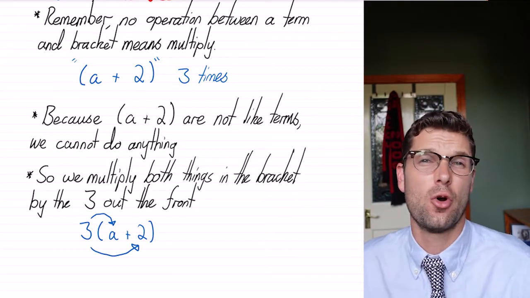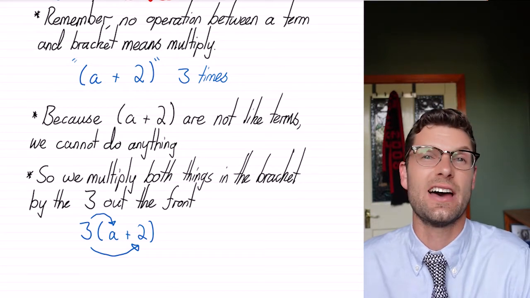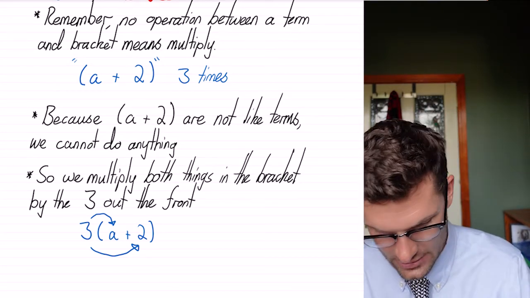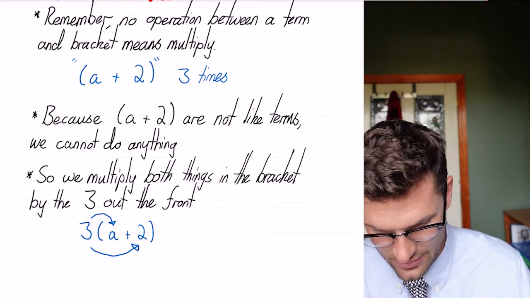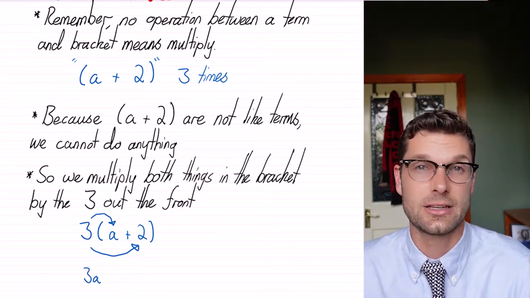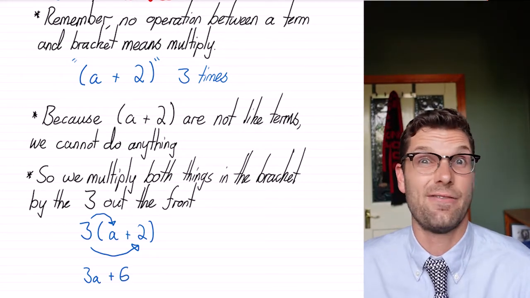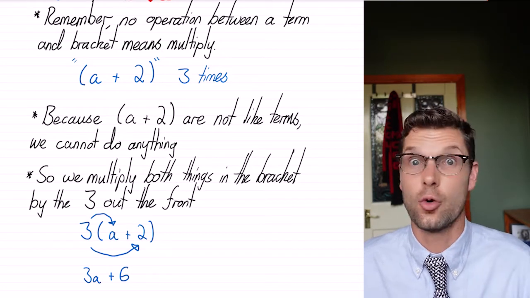All we have to do here is those base multiplications that we've done, just ignoring the brackets. So 3 times a is equal to 3a, and then 3 times plus 2 is equal to plus 6. And that is our final answer. That's all we've got to do.